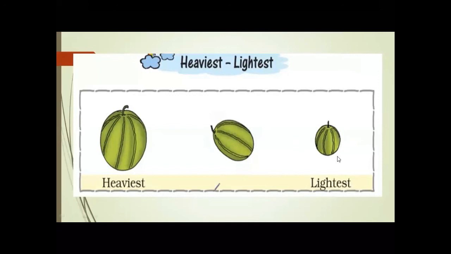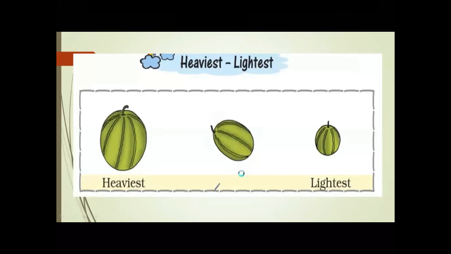So it is lightest in weight, so it is called the lightest. And this watermelon is heavy in weight, so it is called the heaviest. This watermelon is the heaviest among these watermelons, and this watermelon is the lightest among these watermelons.